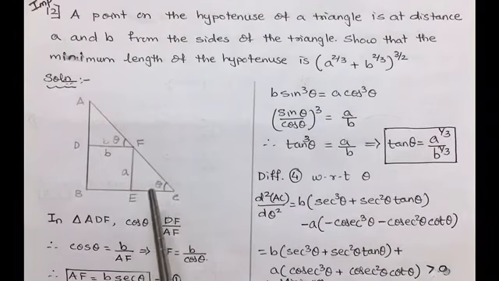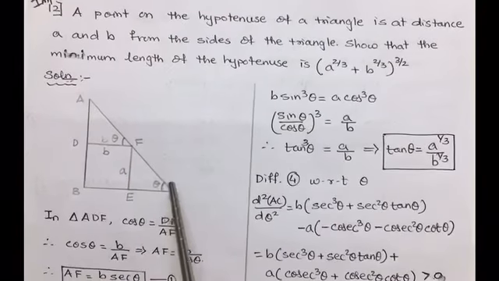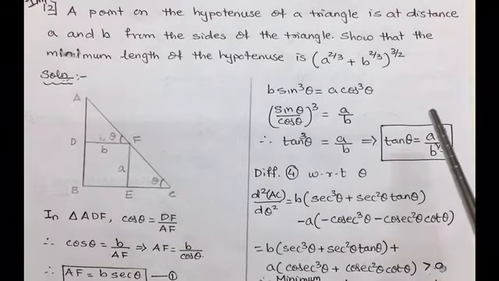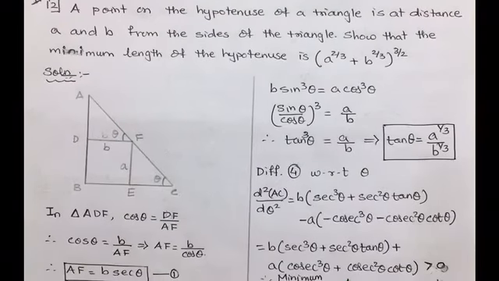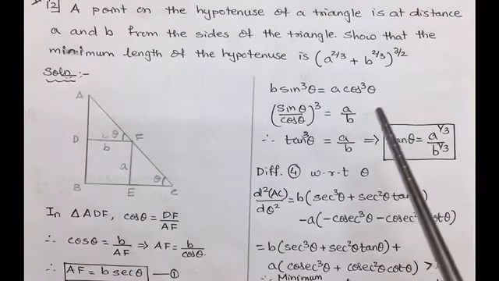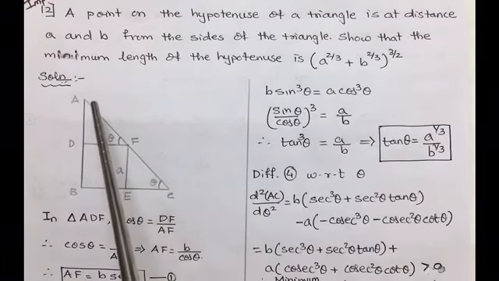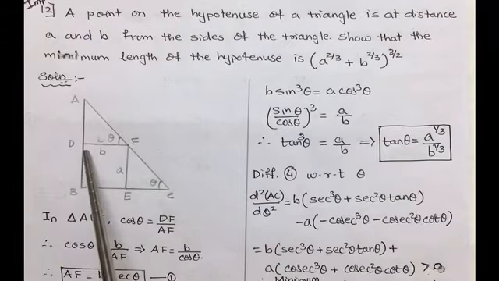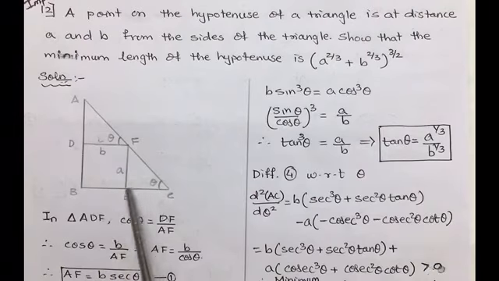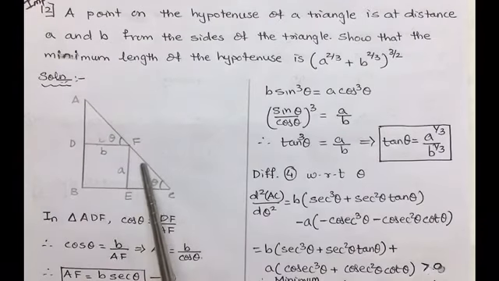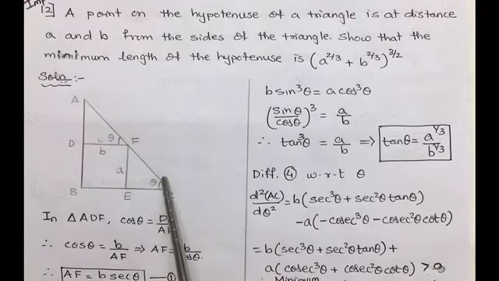When a point F, which is at a distance B from AB and distance A from BC, is lying on the hypotenuse.